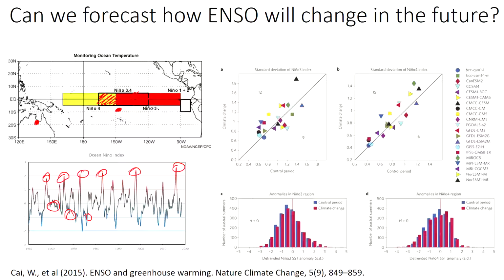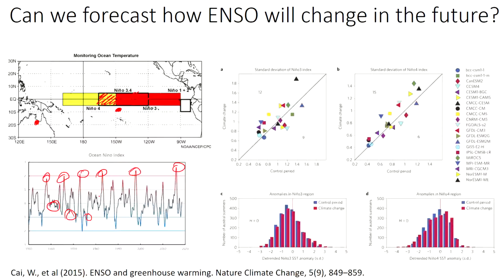So we want to know whether the El Nino system will change from being predominantly more El Nino-like or La Nina-like, or whether it will be more extreme El Ninos or less extreme El Ninos. Or we might want to know whether the frequency might change.